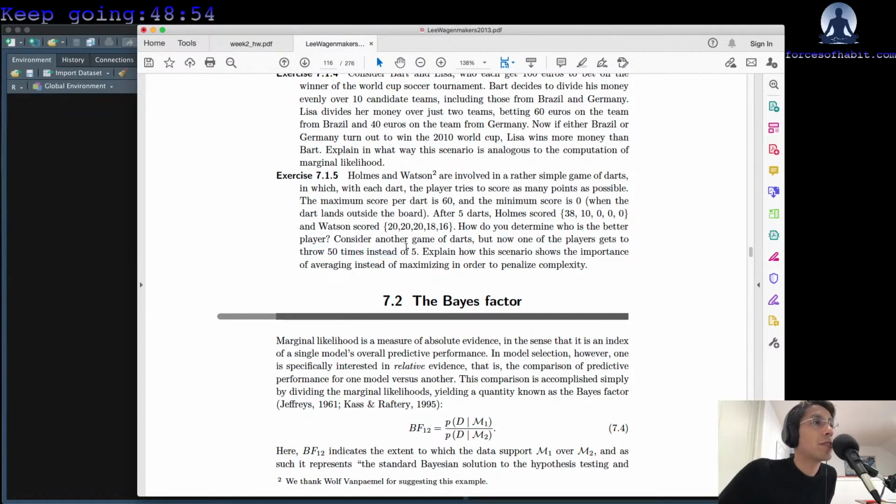So with more instances, the data is going to tell us. Let's see. So if I sum these, the sheer winner is Watson. But we only have 5 cases.